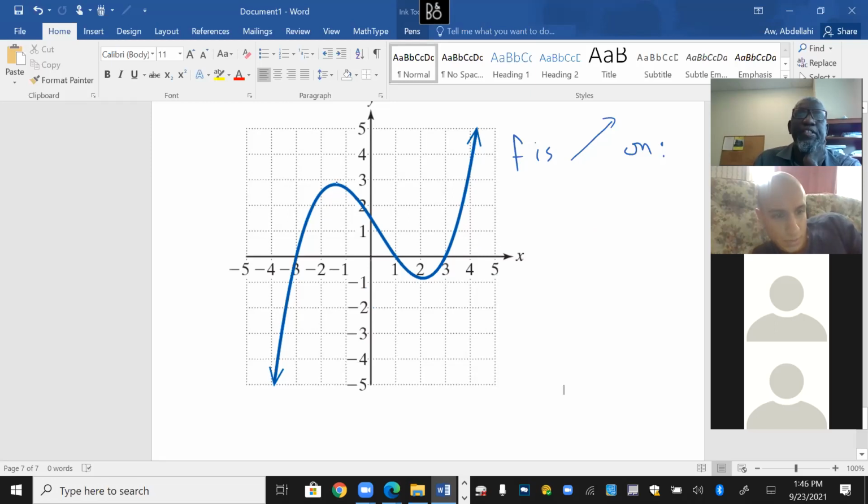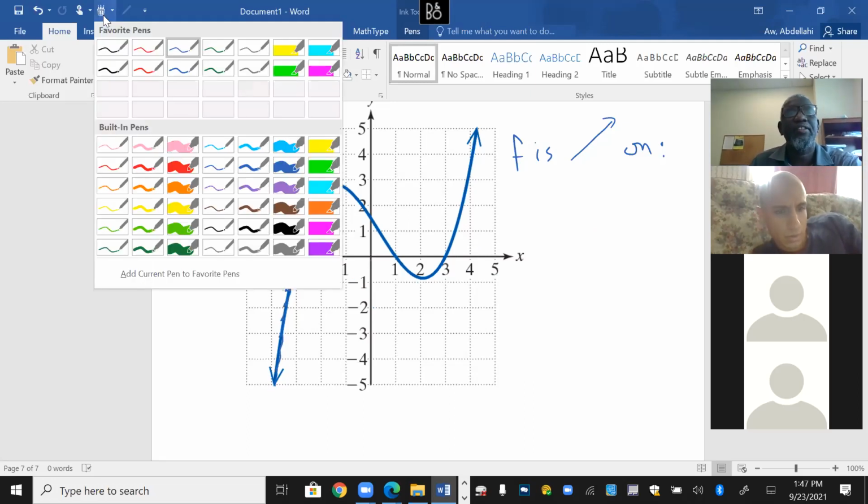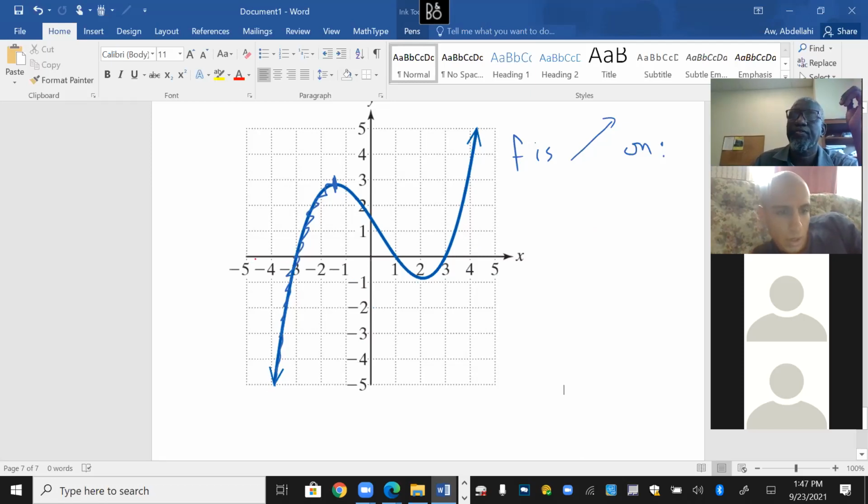The first time f is increasing is this piece right here, right? And this piece is from what x to what x? Negative infinity all the way to the x-intercept right here, which is negative 1 point something, right? Okay, so it's going to be negative infinity all the way, let's say negative 1.5, just to make it exact.